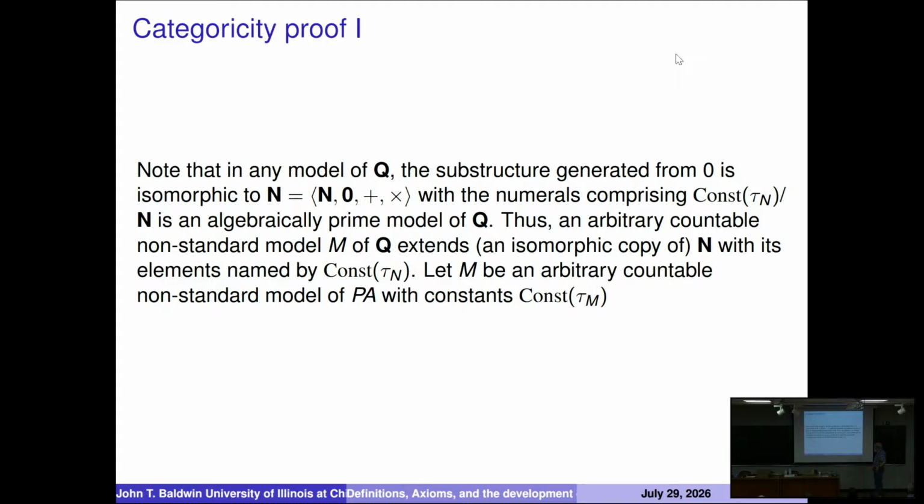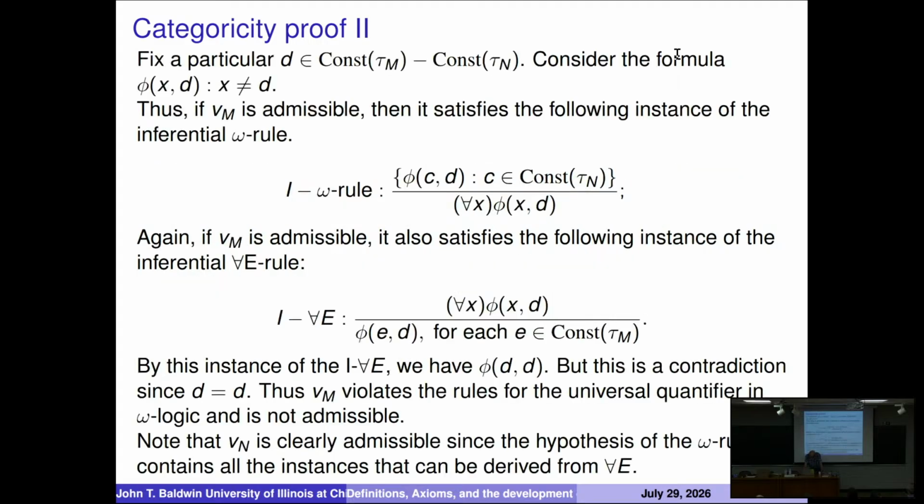So now let M be an arbitrary non-standard model. This will add some additional constants, because I want to look at the language where I've named these. And now I want to claim that the model isn't actually admissible. The reason is, if it is admissible, I start by picking some non-standard D, and I look at the formula X is not equal to D. Now the omega rule says if this is true for each given constant, then it's true.